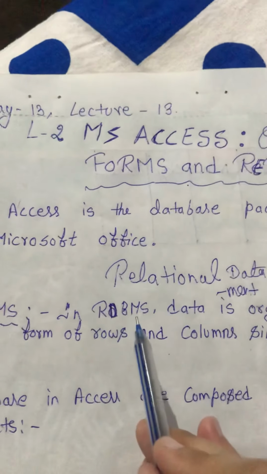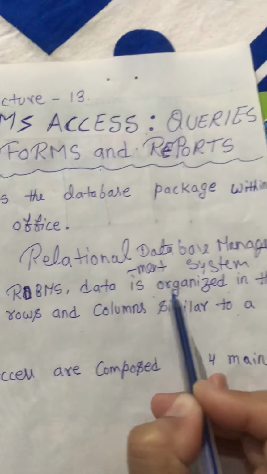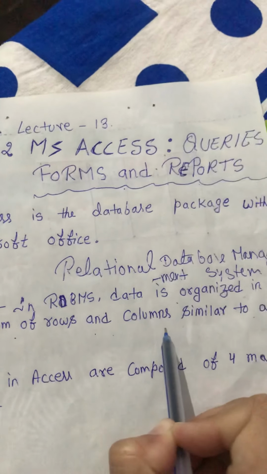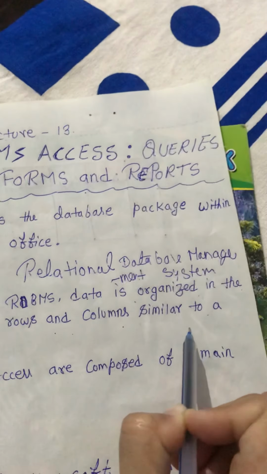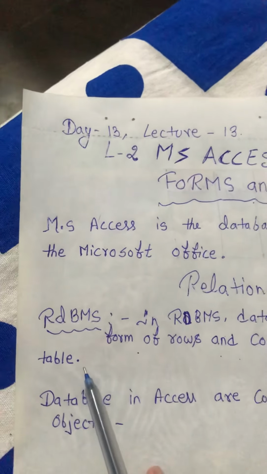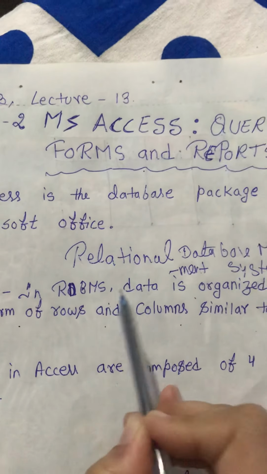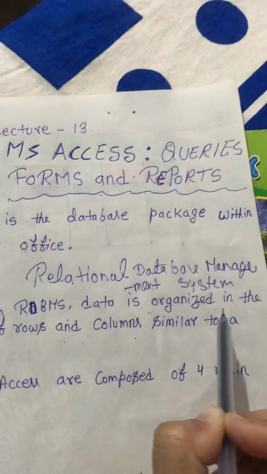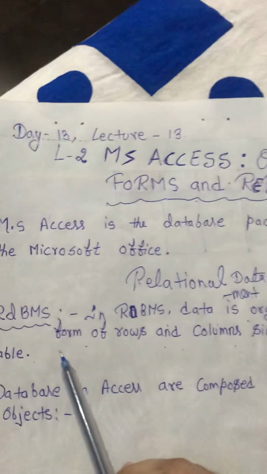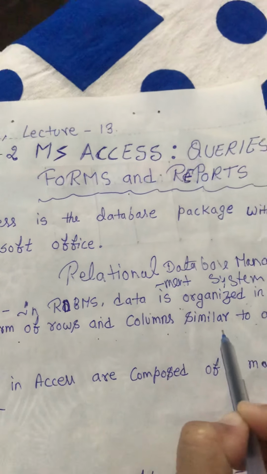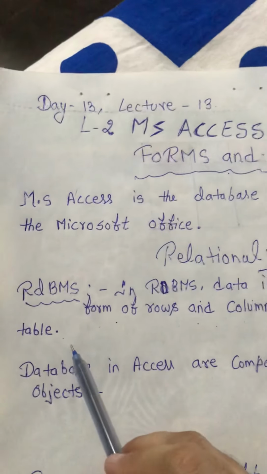In RDBMS, data is organized in the form of rows and columns similar to a table. I'm repeating, in RDBMS, data is organized in the form of rows and columns similar to a table.